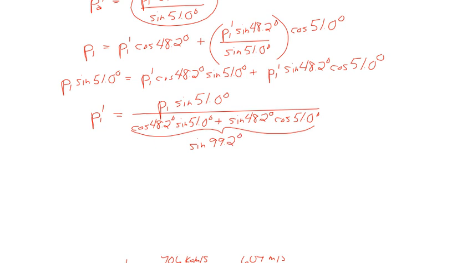So what I have here is actually equal to that, because sine of x plus y, if I add 48.2 and 51 together, it equals 99.2. This is a sine x cosine y plus a cosine x sine y. So you don't have to do that. You didn't even have to know the identity, but certainly you'd have to do more work, because punching this in your calculator, you'd have to make sure you use parentheses here and here in order to get the right answer.